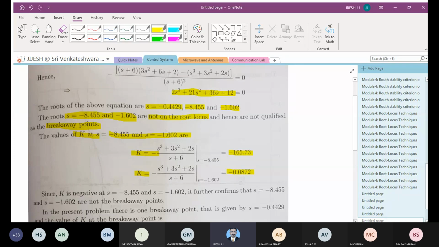So what you understand here is k is negative. So you got both the values negative. K is negative at s is equal to minus 8.455 and s is equal to minus 1.602. It further confirms that these 2 points are not the breakaway points.